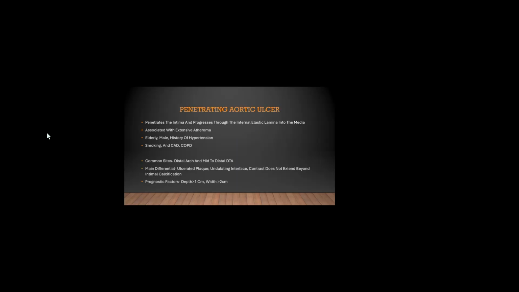Penetrating ulcers. Usually there are severe atherosclerotic changes in the background, sometimes in elderly patients, and that would lead to the ulcer eroding into the intima, and then going outside or beyond the contour of the aorta. For example, in this case, that is the descending thoracic aorta, and we could see those atheromas.